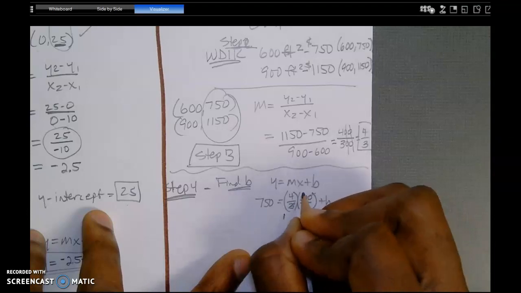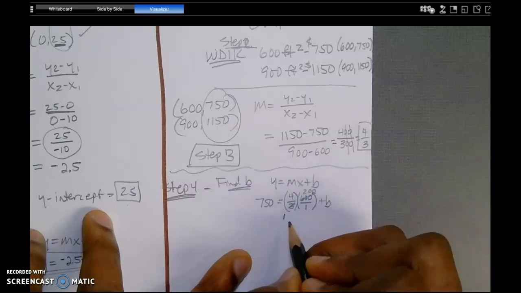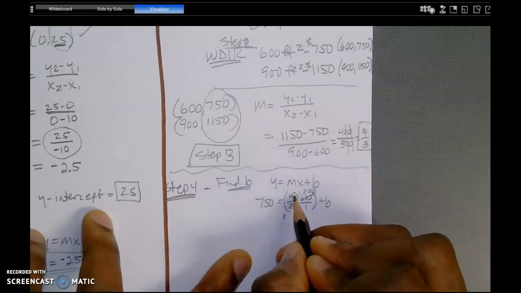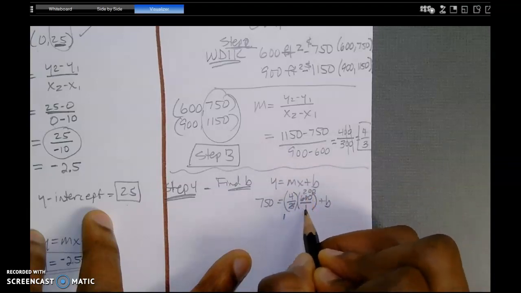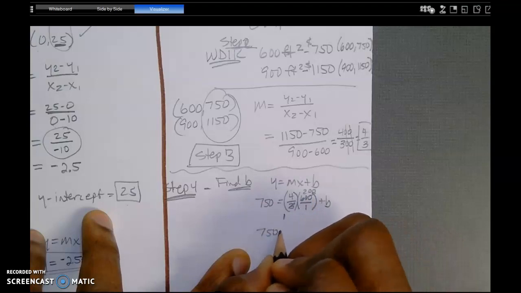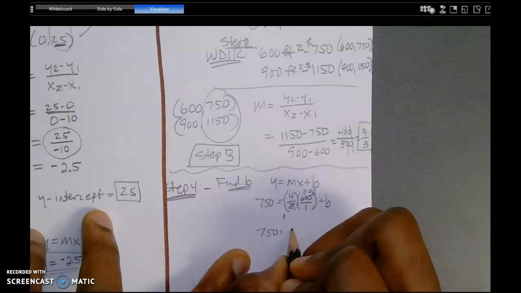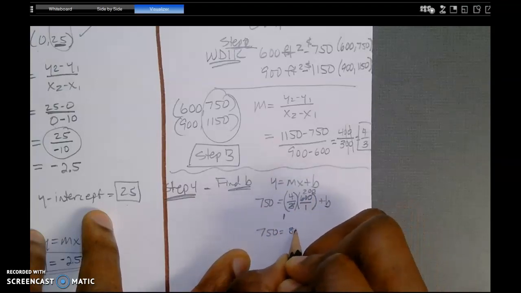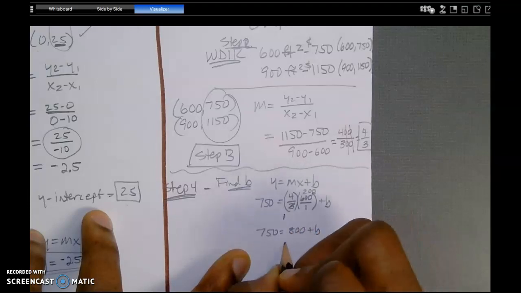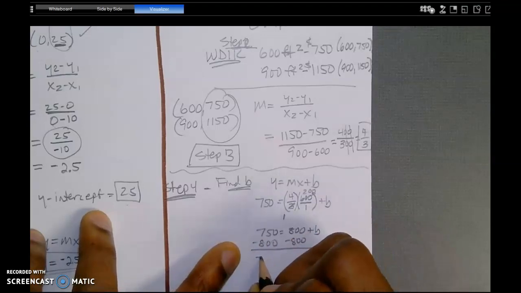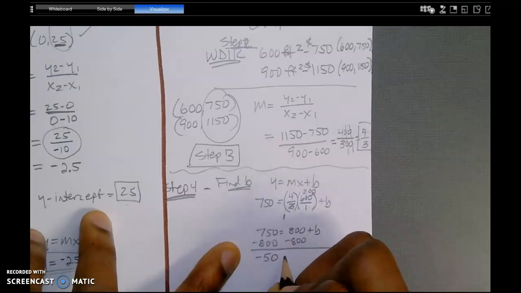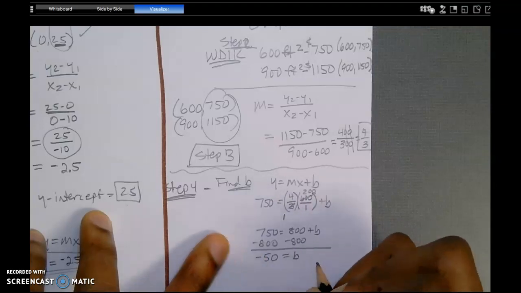The common factor is 3. This is a multiplication sentence, so again, 4 times 200, 1 times 1. When I simplify, this becomes 800 over 1, or just regular old 800. I am going to subtract 800 from both sides. Okay, that becomes negative 50 is equal to B.